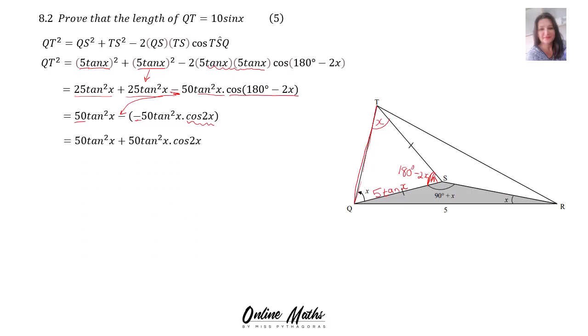In the next step, what I did here was I just multiplied in the minus, and then I said I can take out 50 tan squared x as a common factor, and then when I take it out there, I will be left with 1 plus cos 2x. And then suddenly this looks very familiar.